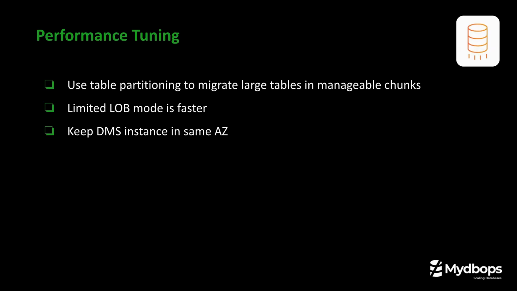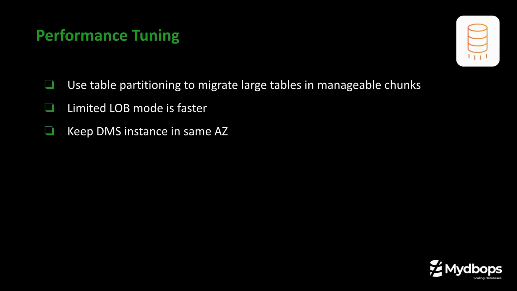For any table which contains a large LOB column, you can use limited LOB because it is faster and the data transfer will be more effective. If the LOB data is not needed in the target server, it can be disabled on the DMS task and it will save time.